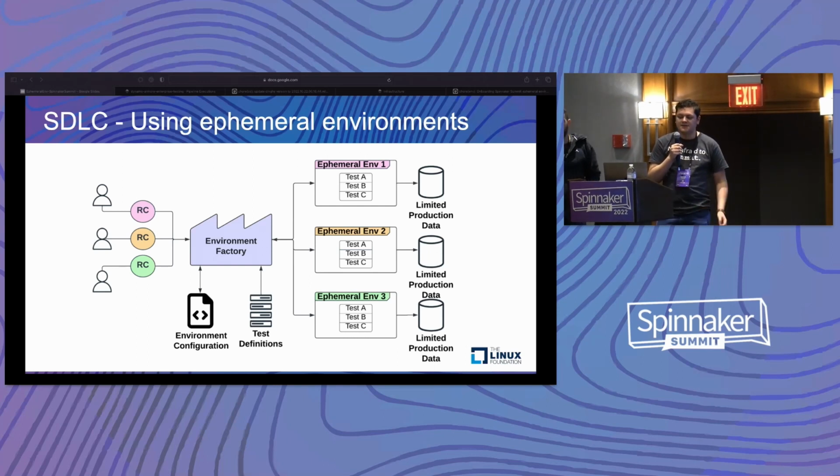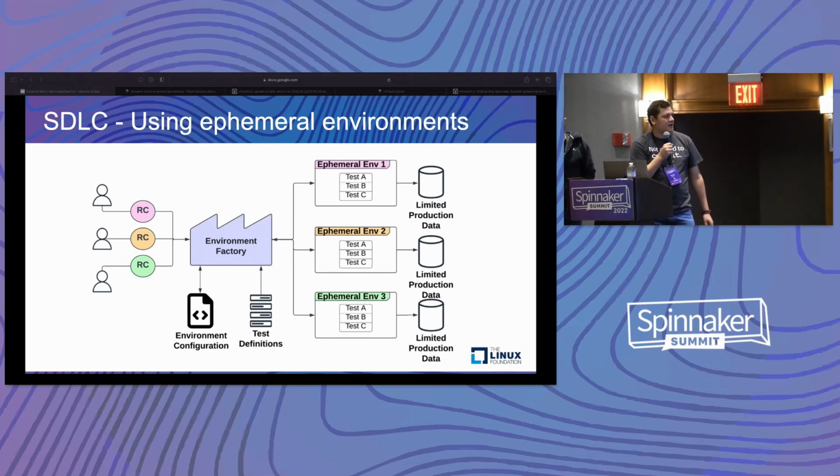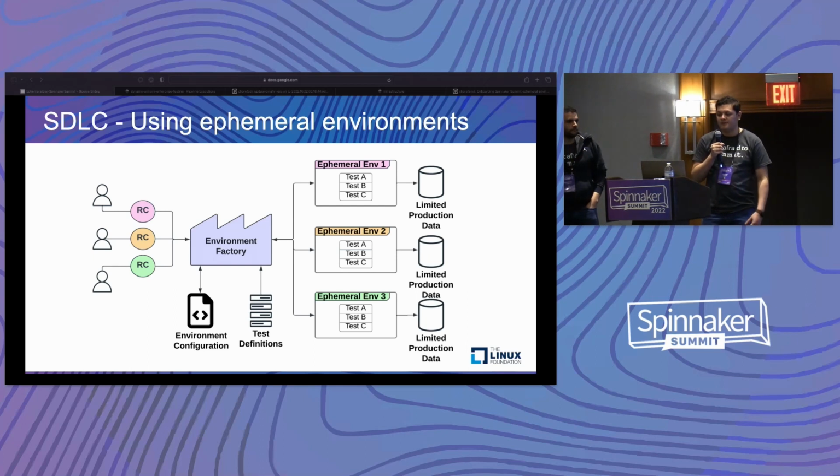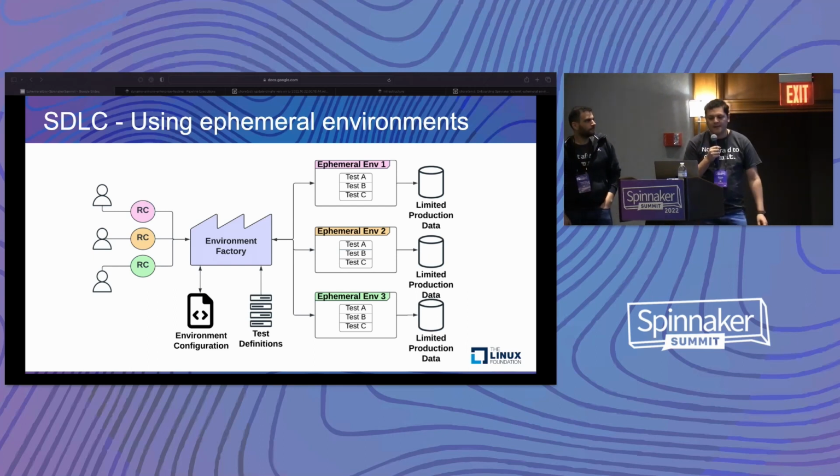The feature of the developer is deployed as part of the ephemeral environment creation. Once the environment is ready, the automated tests will run to validate the functionality, and after that, the environment factory will destroy the ephemeral environment. As we can see in this diagram, we might have multiple environments running at the same time for validating different features in this validation process.